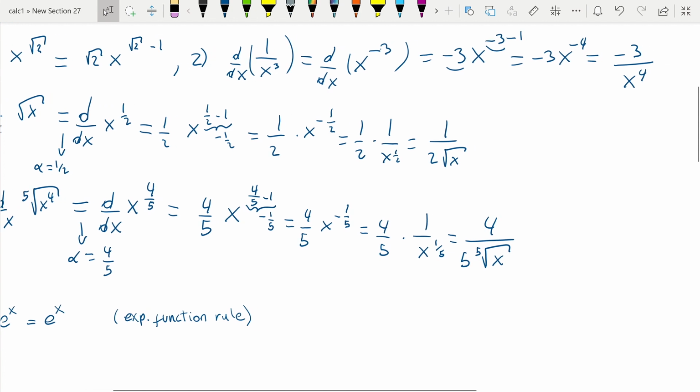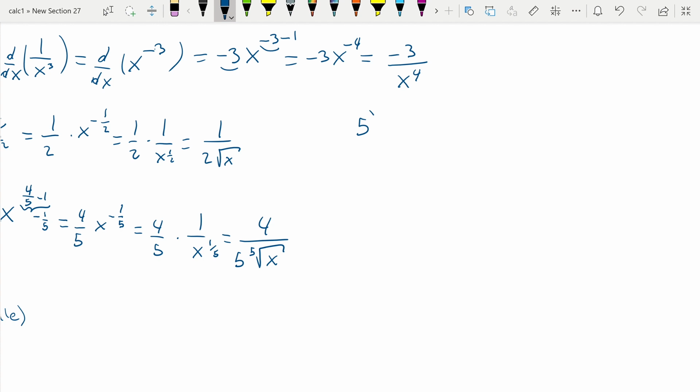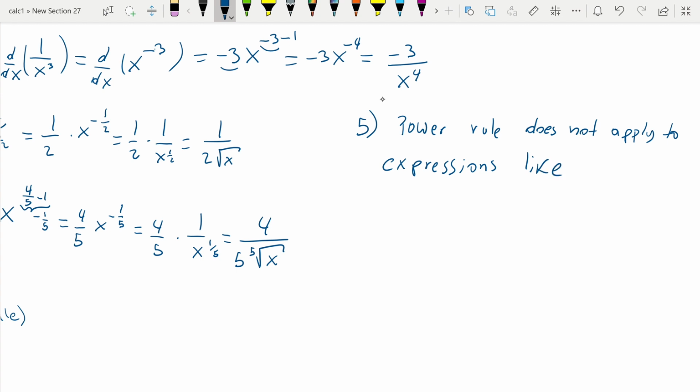Now, a fifth example, which is really a non-example, is a very common mistake you need to avoid. The power rule doesn't apply to expressions like 3 to the x.